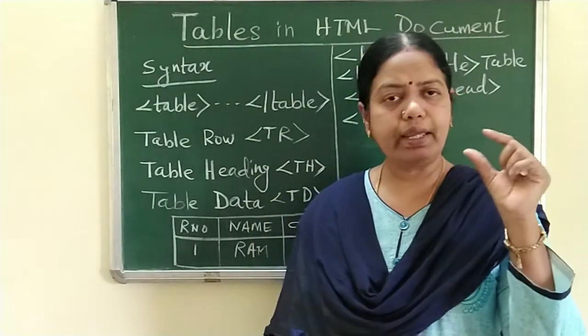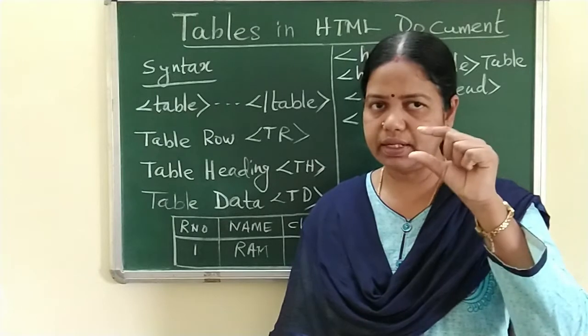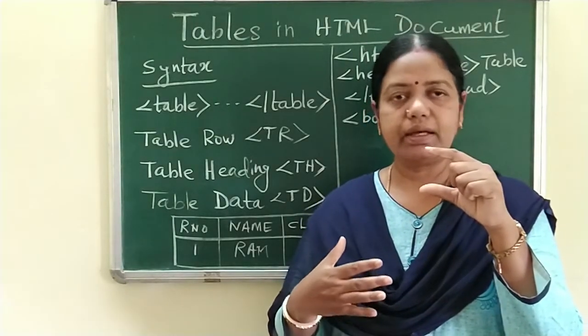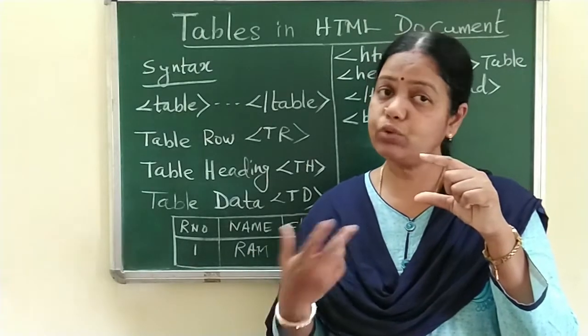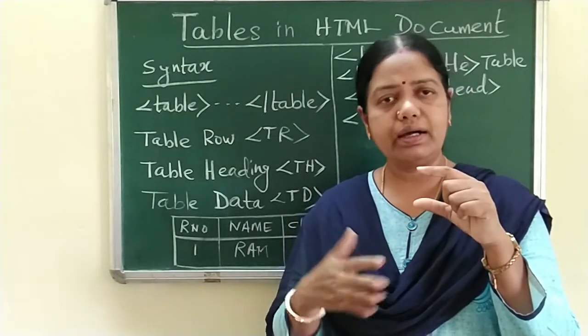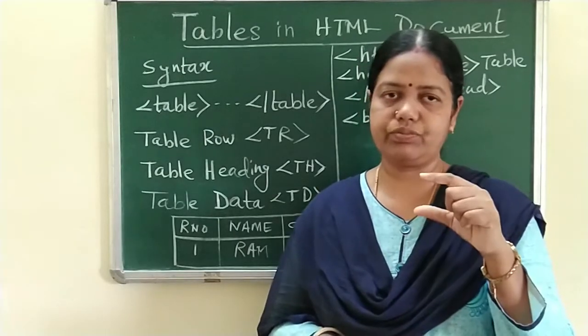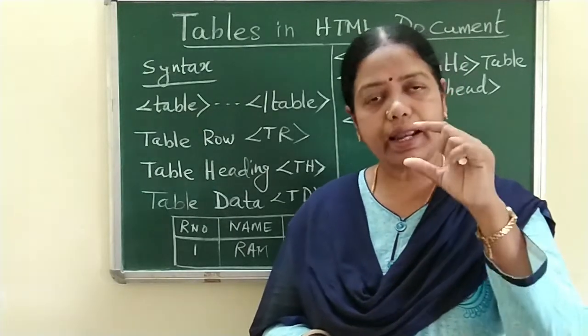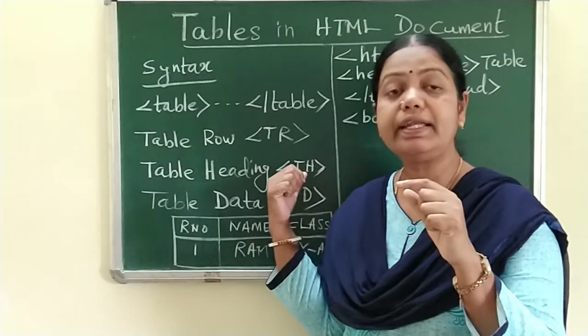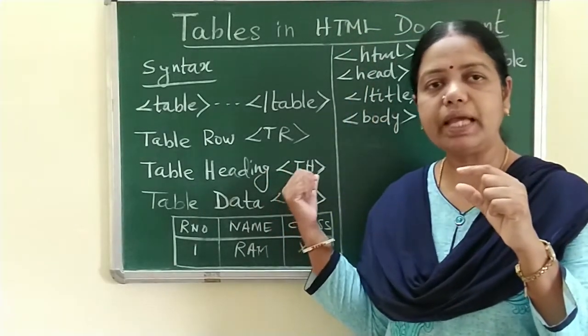So, once the table row is created, that is a cell. That cell has two types of values, either a data or a heading for a cell. To define the heading for a cell, we can use the tag TH, table heading.